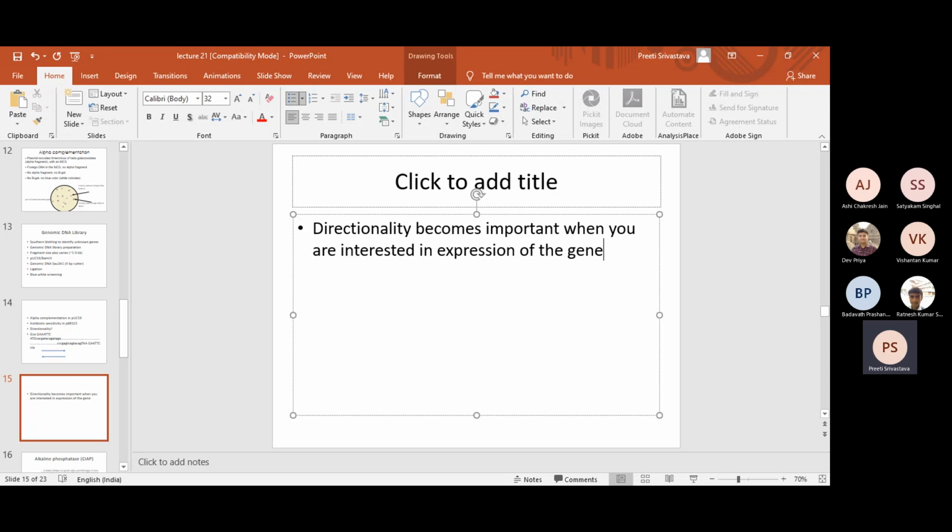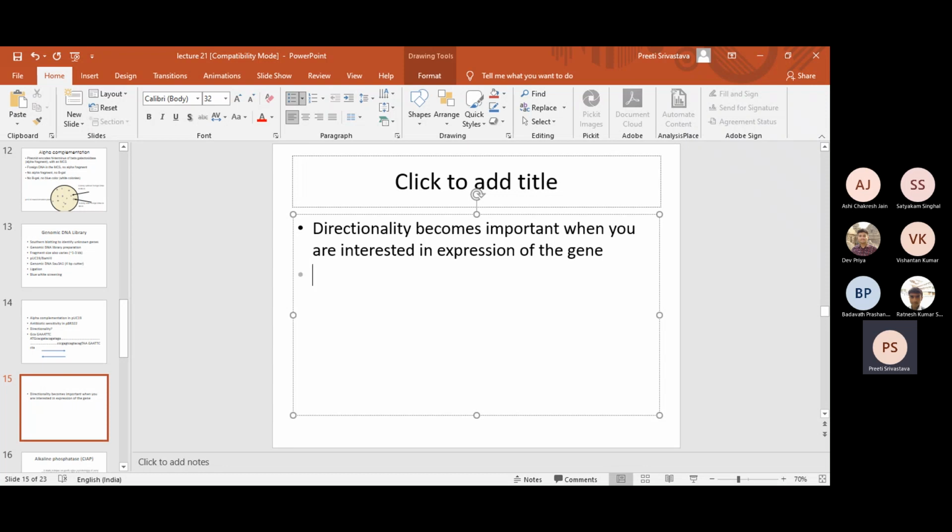Directionality also becomes of no importance when you are cloning the desired gene along with its regulatory regions. In such cases it doesn't matter in which direction it is cloned, because the gene contains its own sequences required for its regulation and expression, so directionality is immaterial.